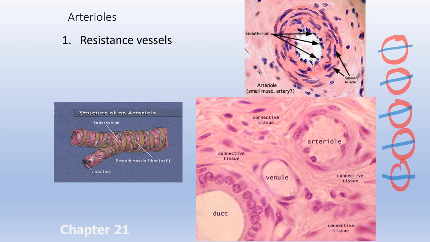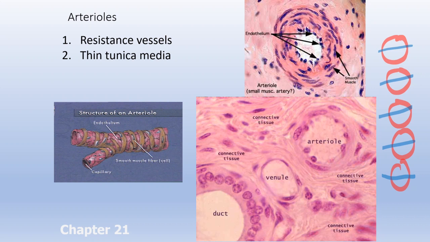And this is why I liked the book that I taught from, because it called these resistance vessels, telling you that these are the ones that resist blood flow the most. And these are the ones that contribute the most to blood pressure. These have a pretty thin tunica media. They don't have a lot of smooth muscle compared to their diameter.